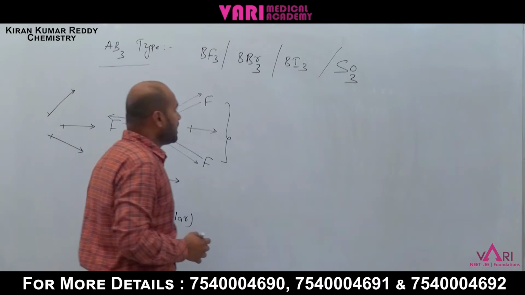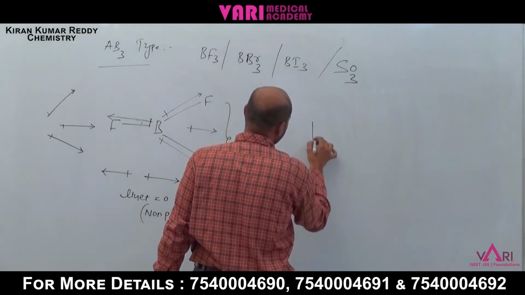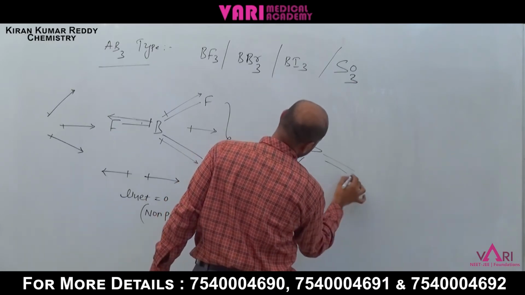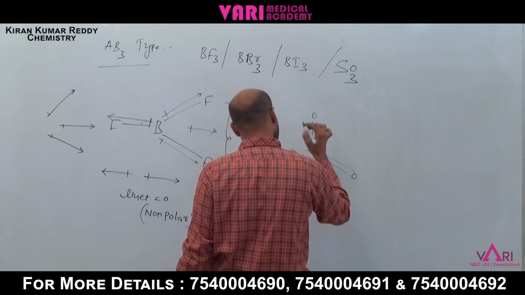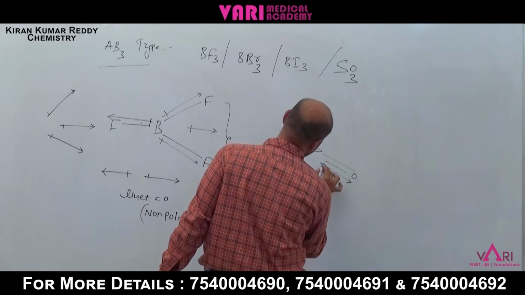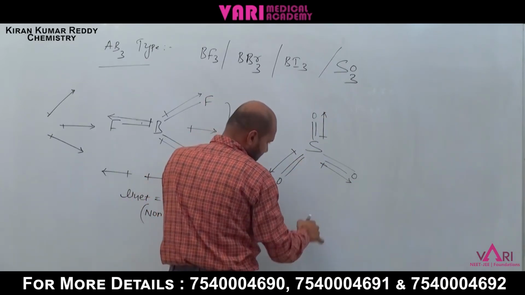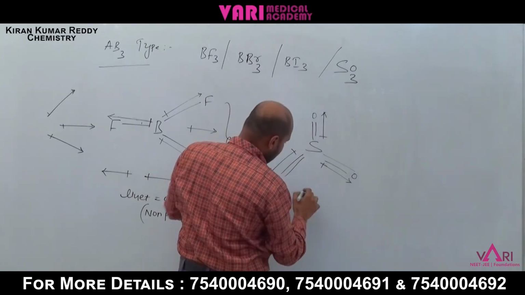If you take BI3 or SO3, if you take SO3 also, that is a similar structure to BF3 also. In this also, the direction is from less electronegative to more electronegative. Here also less electronegative to more electronegative. Now the resultant of these two, this direction and this one is in the above direction, and they are cancelling each other.